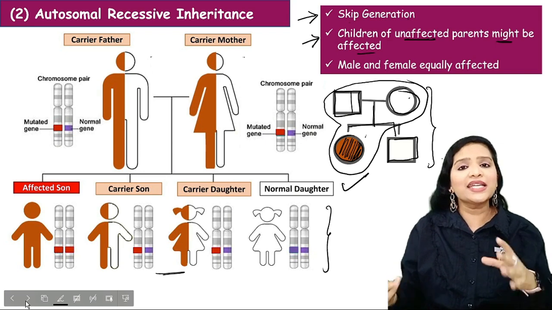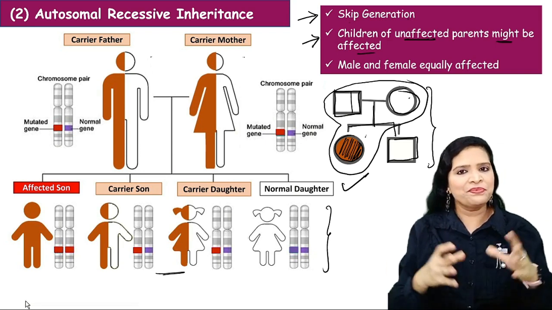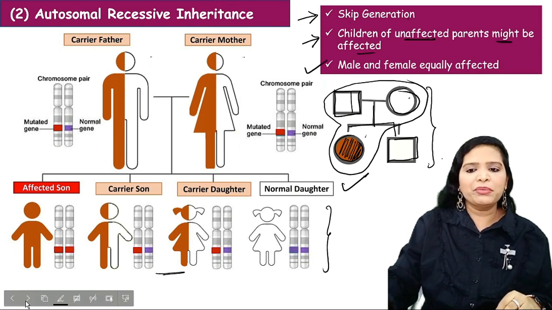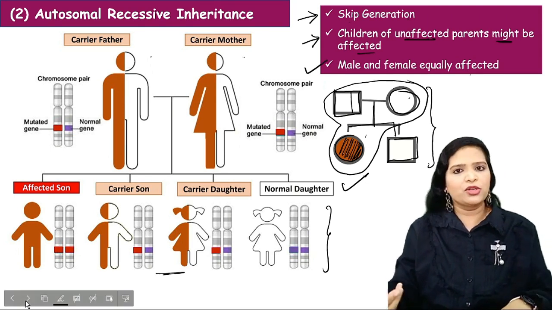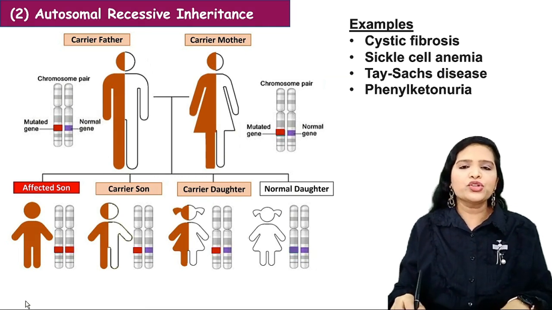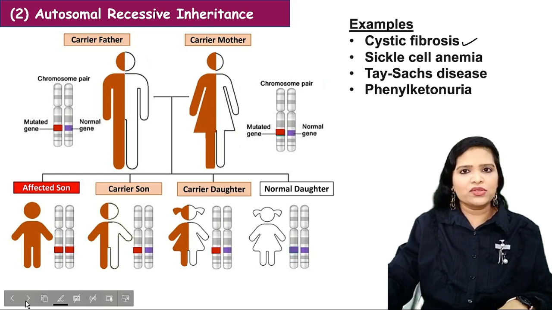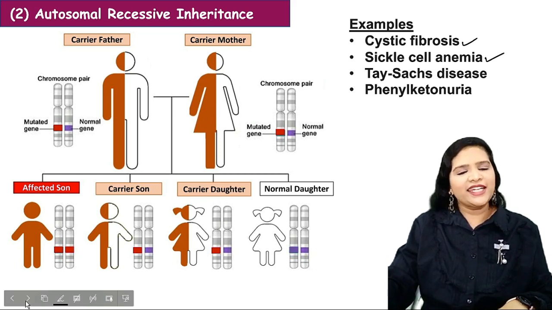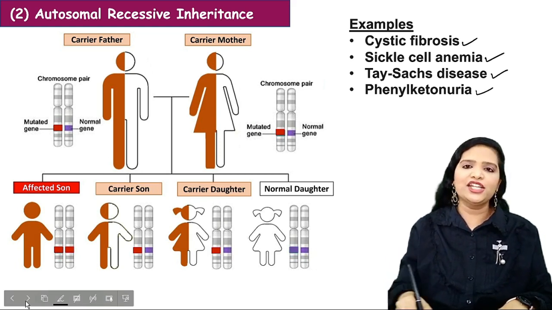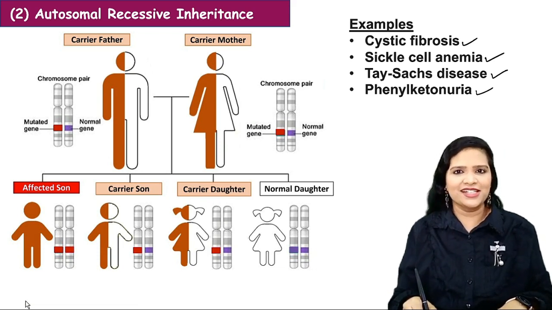Because the parents are carriers, and they passed on the defective gene. Got it? Here also both males and females are equally affected because the gene is present on the autosomes. Examples of autosomal recessive inheritance are cystic fibrosis, sickle cell anemia, Tay-Sachs disease and phenylketonuria. So this is the second type, autosomal recessive inheritance.